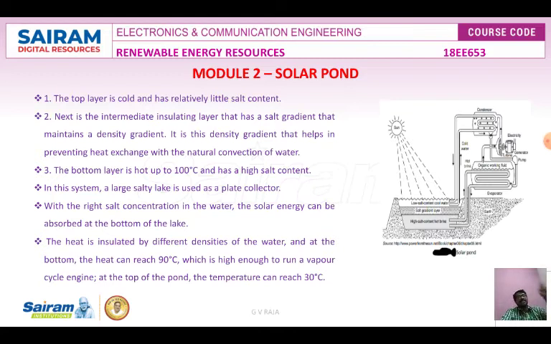Again the same steam is pumped through the condenser to convert it into cooled water, and the cool water is again given to the hot heat exchanger in order to generate electricity, even in daytime and night time, because the heat exchanger is used as a thermal storage. This is the basic principle of the solar pond.